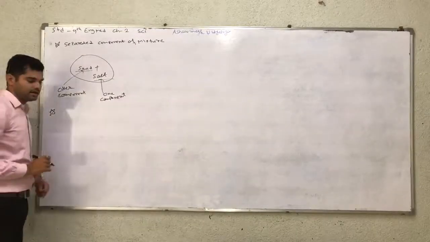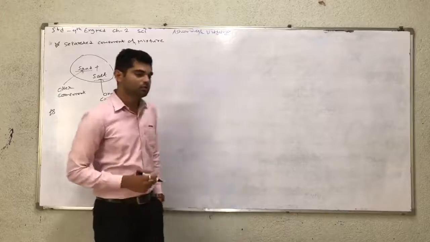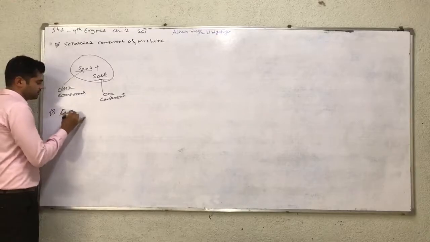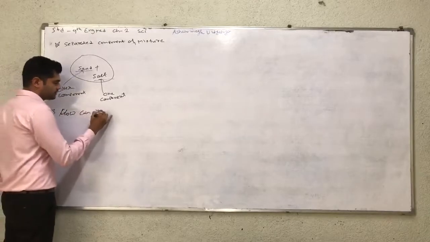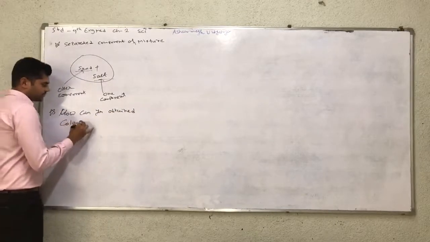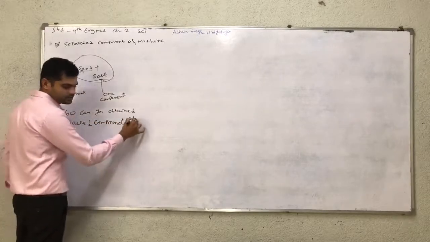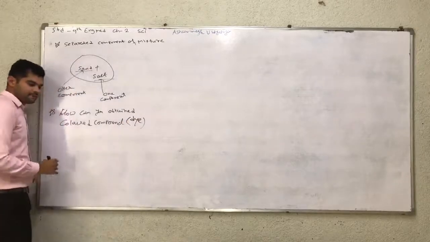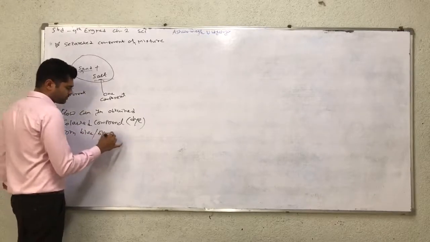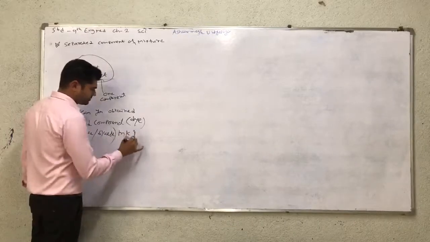The topic name is how to obtain color compounds from blue or black ink. Color compound here means the dye.